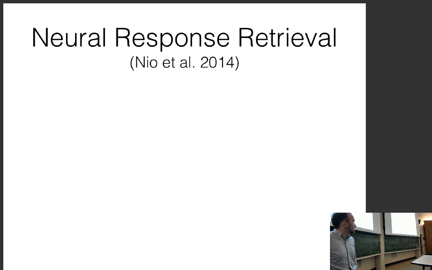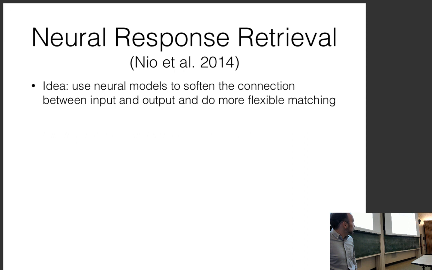And like everything else, this was turned into a neural network. In this case, it was actually one of the students I was working with who turned this into a neural network. I think we actually had the first neural dialogue system. This is my humble brag time, in 2014. So we used neural models to soften the connection between input and output and do more flexible matching.